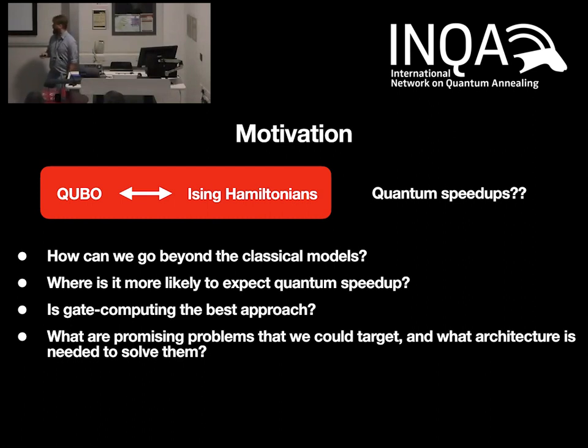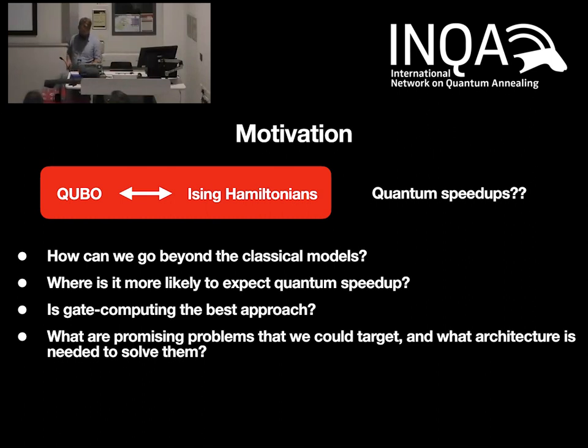Is it super complicated to implement? Is it easy, or maybe it's not even worth pursuing because gate-based quantum computers will always be better there? That is also an interesting problem. And then what sort of architecture, what hardware components, will be required to solve these promising problems?